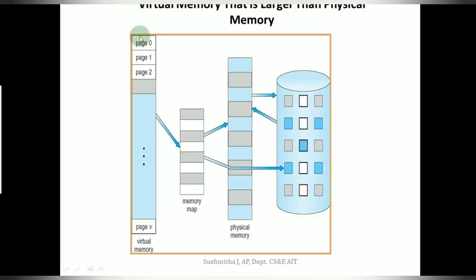The logical address space, or the virtual address space, of a process refers to the logical or the virtual view of how a process is stored in the memory. The physical memory may be organized in page frames, but it is not contiguous. You can notice it here.